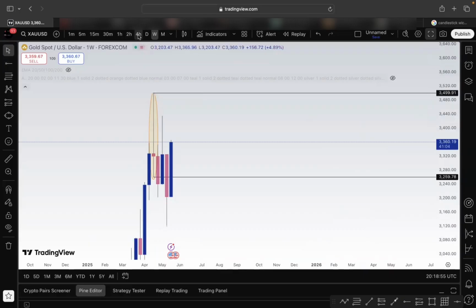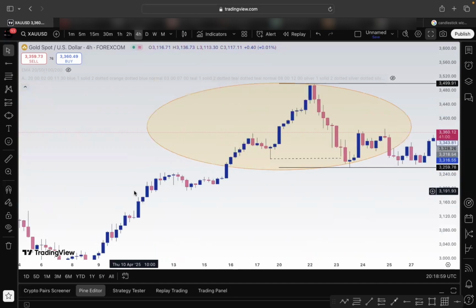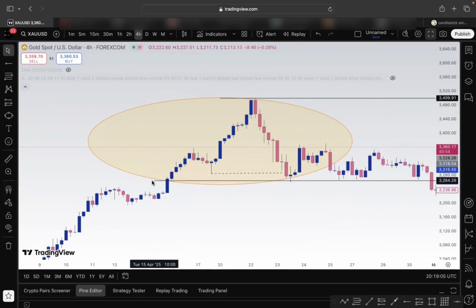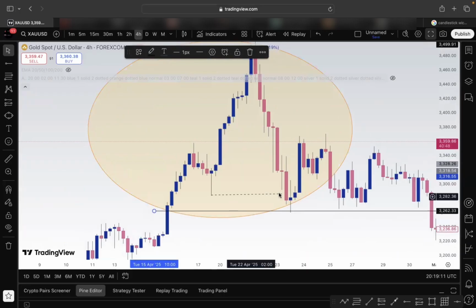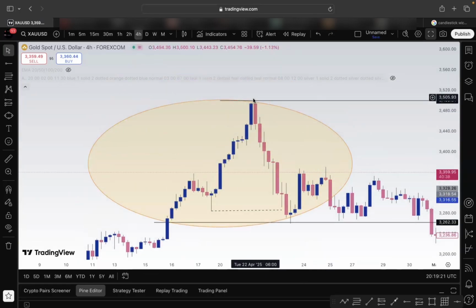If you're looking at it as swing points, we can identify that our swing points probably started from here. So this is the lowest point the price got to in that particular week, and this is the highest point. So it's a swing point.